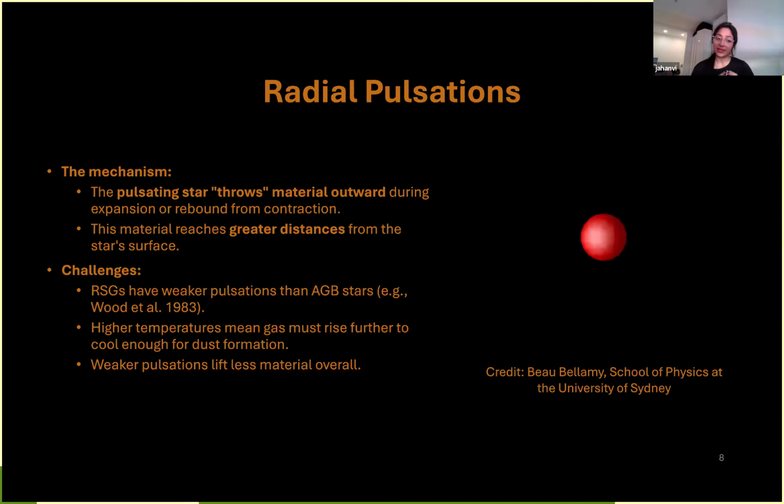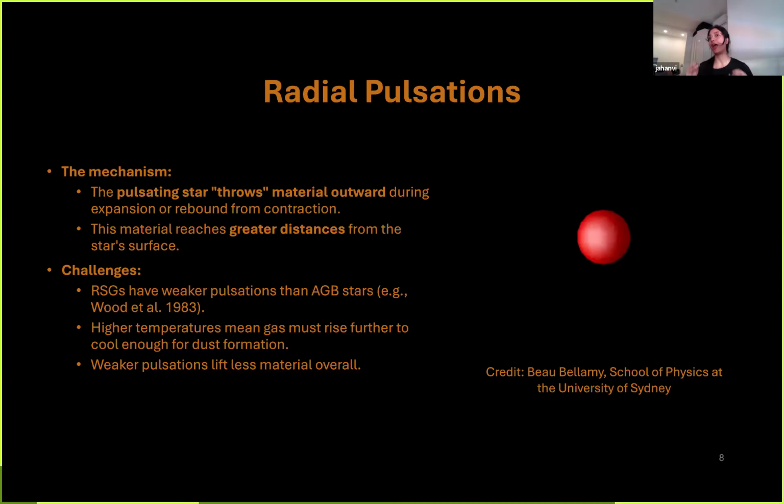Now here the challenge is that for red supergiant stars, the pulsations are very weak in comparison to AGB stars. And the temperature is high in the star, which means that to take the material to the point where it can form dust, it has to go a bit far for the material to cool down and finally reach the dust condensation zone.